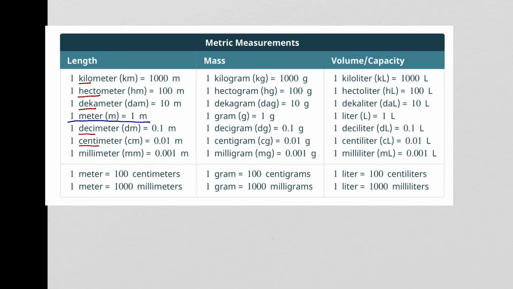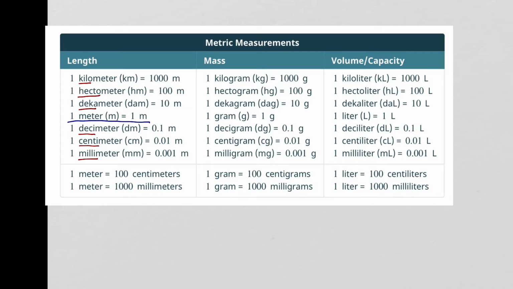Those are equivalent. And if I want 1/1,000 of a meter, that prefix is milli. So a millimeter is 0.001 meters, or you could also say 1 meter is equivalent to 1,000 millimeters. Okay, and that's for length.